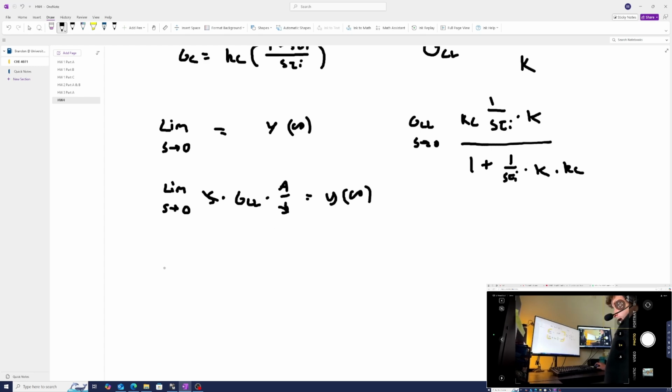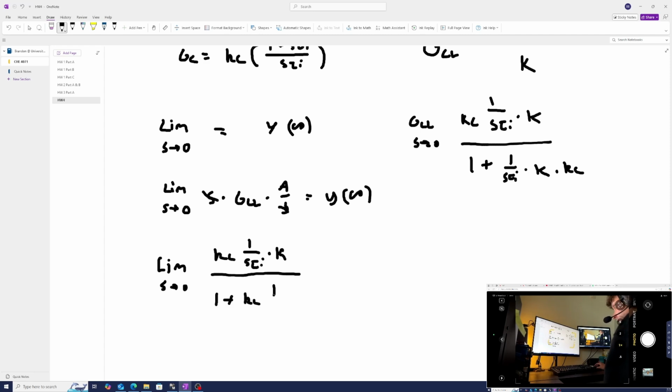So we have limit as S approaches 0, Kc, 1 over S tau I, times K over 1 plus Kc, 1 over S tau I, times K, times A.